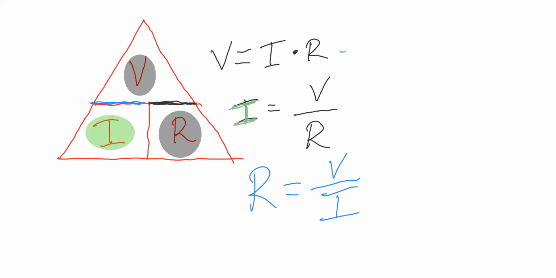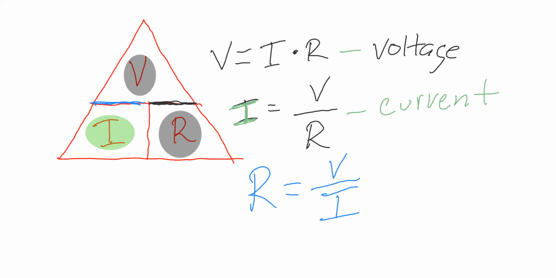V, we're looking for voltage here. So we have to multiply current times resistance. I, we're looking for current here. And we divide voltage by resistance.